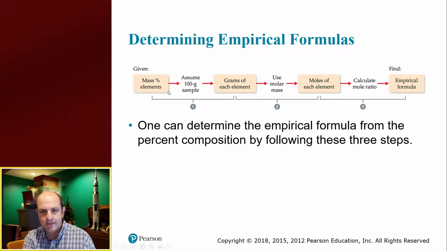So our 3 steps are, if we start with percents, we're going to assume a 100 gram sample to get to grams. If they give us grams, just start here and do 2 steps. We will then use the molar mass so that we can get to the moles of each particular element. And then the 3rd step, we're going to use a mole ratio. We're going to say, if these things have to be relative to each other in whole numbers, let's use a mole ratio to figure out what that empirical formula should be.